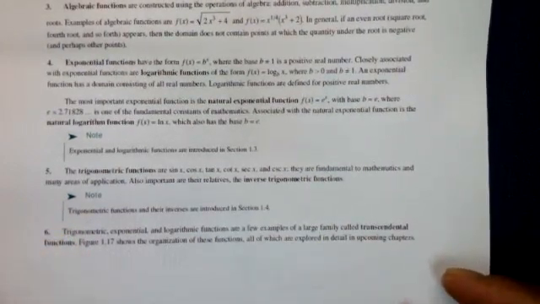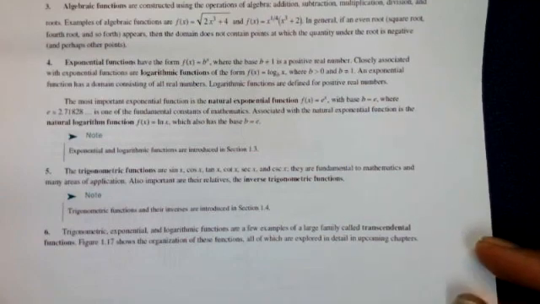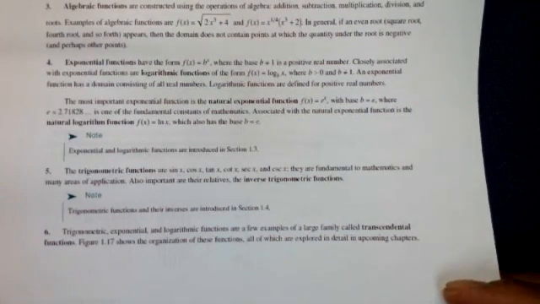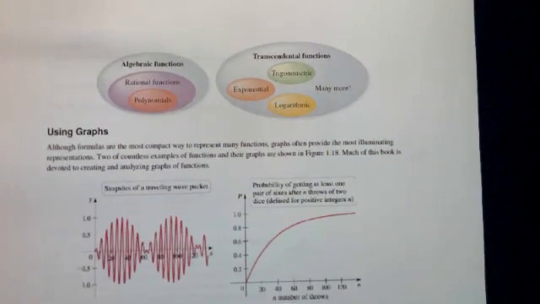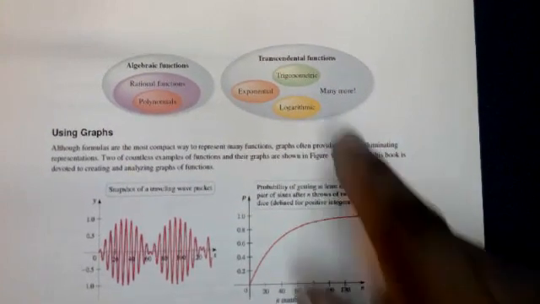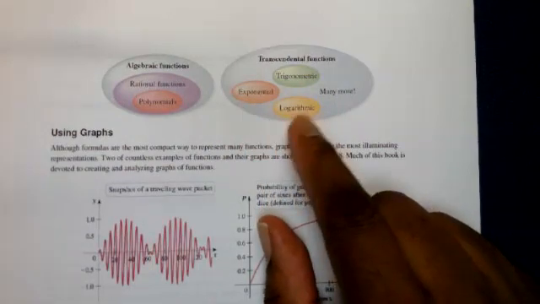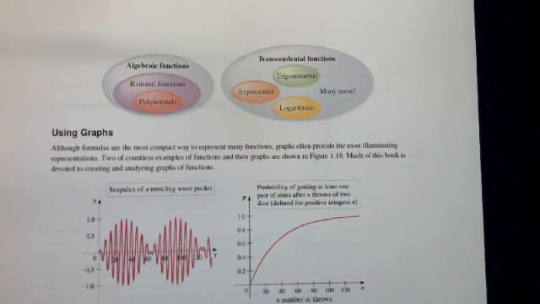And then the trigonometric, exponential, and logarithmic functions are a few examples of a large family called transcendental functions. If you look on the next page, you're going to see an illustration of transcendental functions. Usually you have your trigonometric functions, exponential functions, and logarithmic functions, but there are many more transcendental functions.